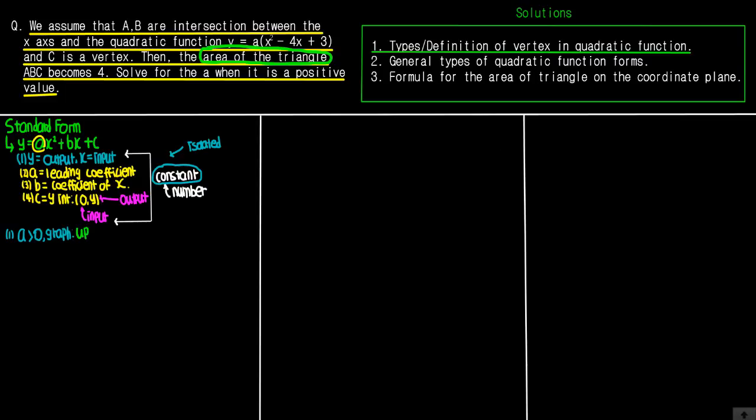When it opens upward, it will look something like this, going upward, and it contains one most important point, which we usually notate as the minimum, or the lowest point on the graph.